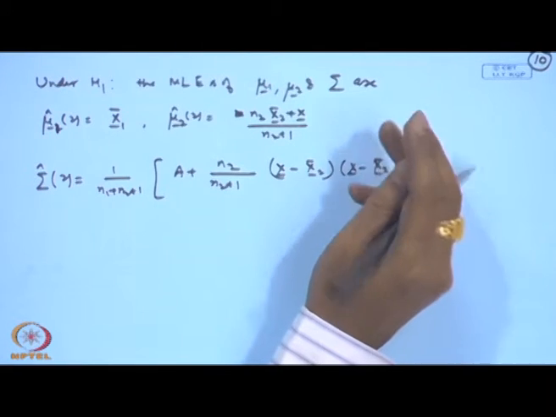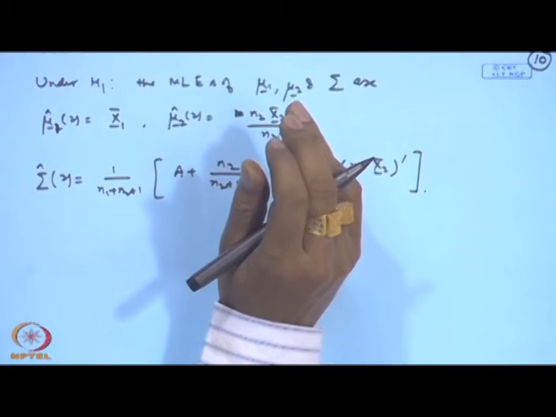Now, the likelihood ratio criteria, what we do? We write down the ratio of the joint likelihood functions. So, if you look at the exponent term, after substituting these terms, it will actually become e to the power minus half n 1 plus n 2 plus 1 p by 2, so that will cancel out.